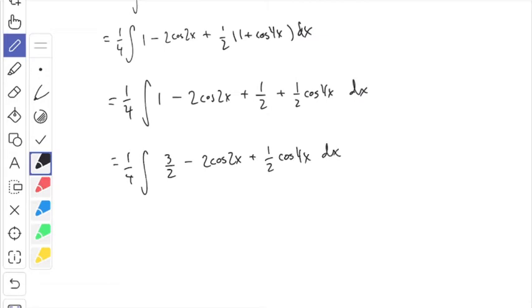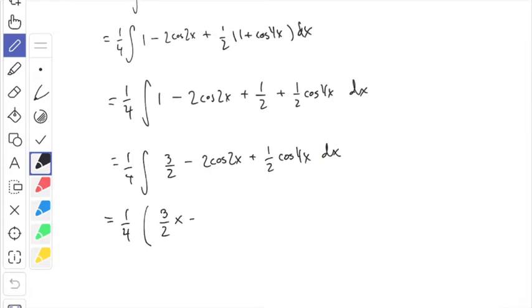And now we can just do the integrals down the line, all right? I got 1/4 in the front. What happens to 3/2? Take the integral, what do you get? Yeah, 3/2 x, right? Just a constant gives you that same constant times x.